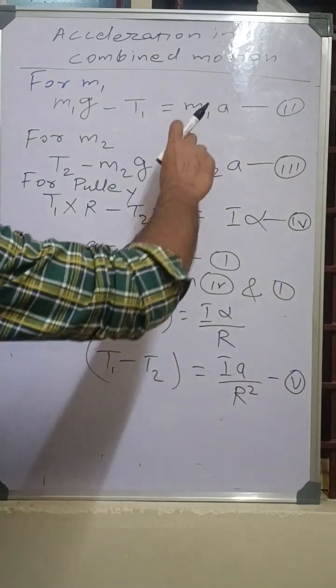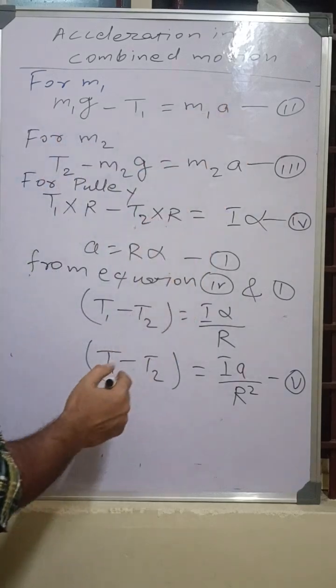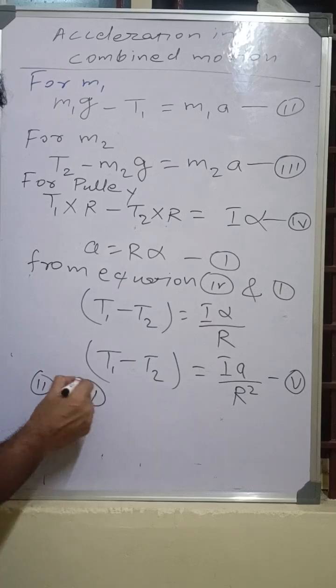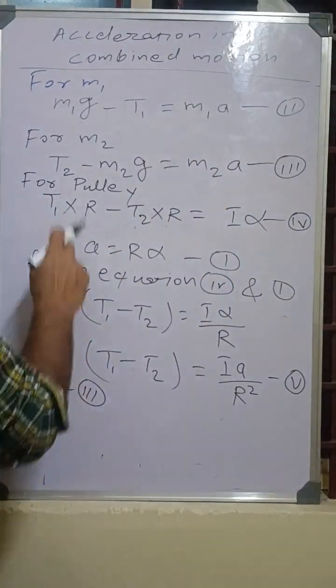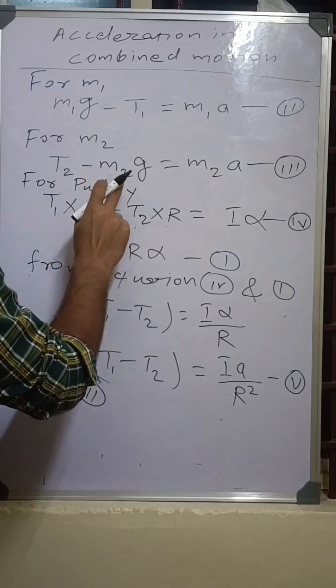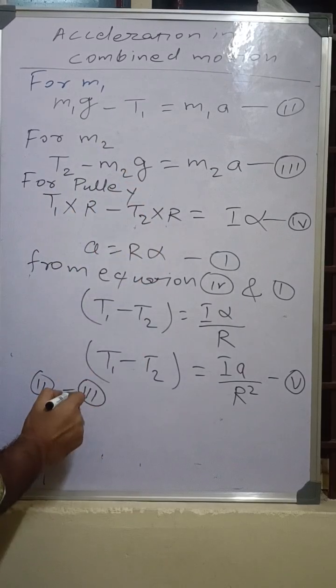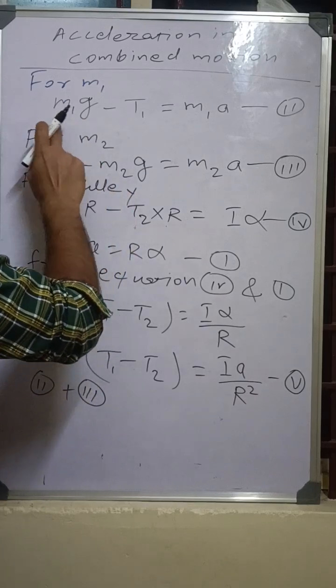Now we can use this value of T1 minus T2. From equations 2 and 3, look at it. Can we eliminate these T1 and T2 values? If we do 2 minus 3, what will happen? Or 2 minus 3 or 2 plus 3? 2 plus 3. So if you do 2 plus 3, what will happen?